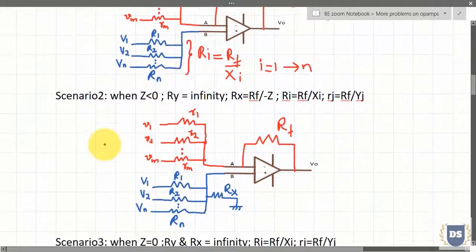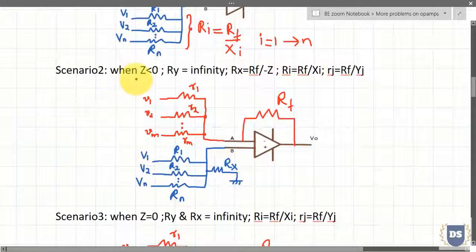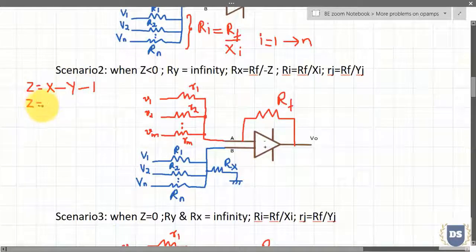In a similar way, we have scenario number 2, and scenario number 2 is when Z is lesser than 0. So that is, after computing Z equal to x minus y minus 1, if the Z value is negative, then we have to consider scenario 2, where Ry is equal to infinity.